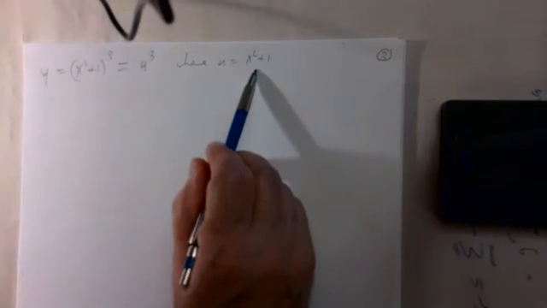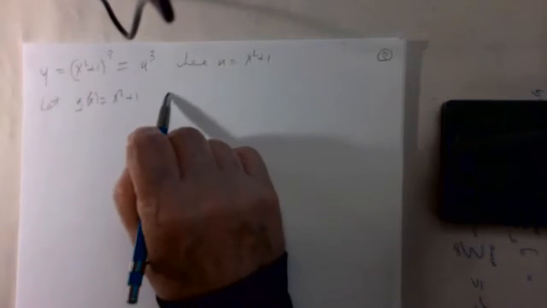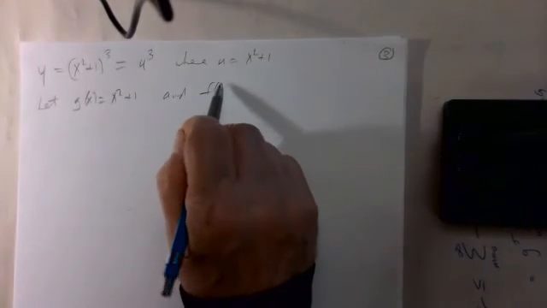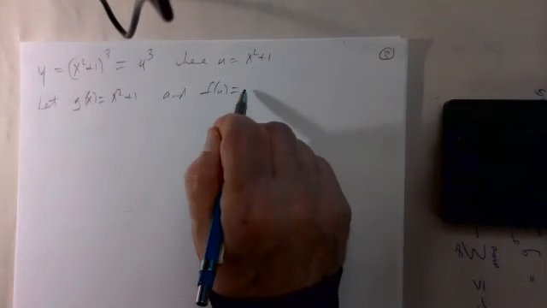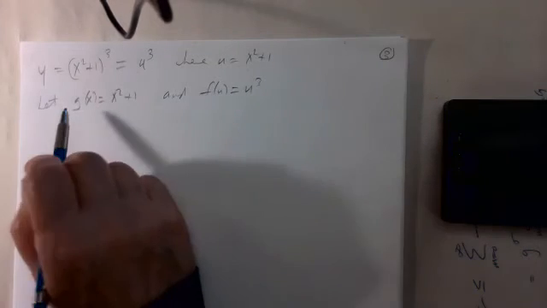So this slightly complicated function is really the cube of something which is simple. This suggests we let g of x equal the function x squared plus 1 and f of u be the function u cubed.